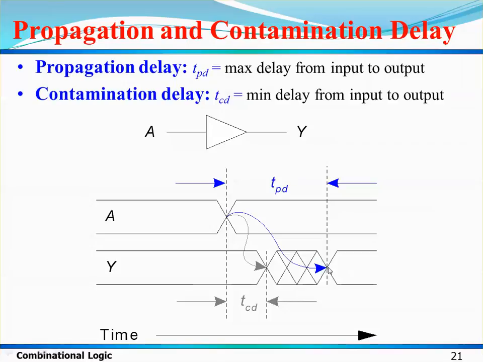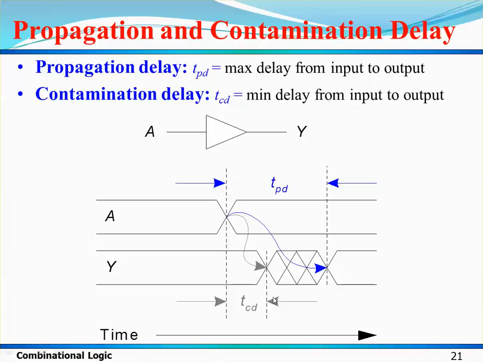From this state change, 0 to 1 or 1 to 0, the propagation delay is when the final output Y is stable. The contamination delay is from the starting of the change in A, from 0 to 1 or from 1 to 0, until the output starts to change from 0 to 1 or 1 to 0.